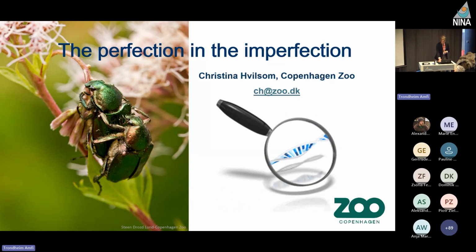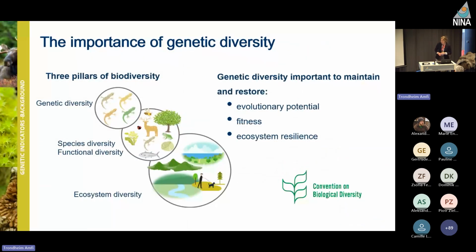So let's dive in. I'm assuming you're well aware of the importance of genetic diversity, but also that it's one of the three pillars that makes up biodiversity. And of course, it's important both to maintain and restore evolutionary potential, fitness, and ecosystem resilience.